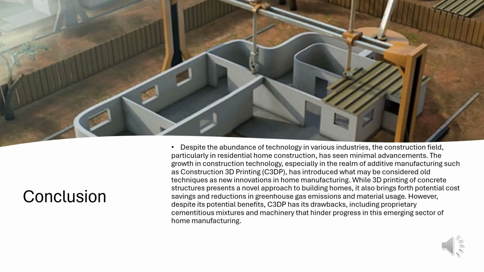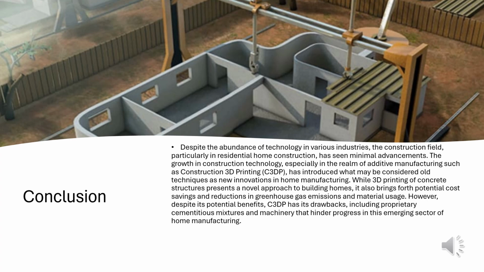Conclusion. Despite the abundance of technology in various industries, the construction field, particularly residential home construction, has seen minimal advancements. The growth in construction technology, especially in the realm of additive manufacturing, such as construction 3D printing, has introduced what may be considered old techniques as new innovations in home manufacturing.